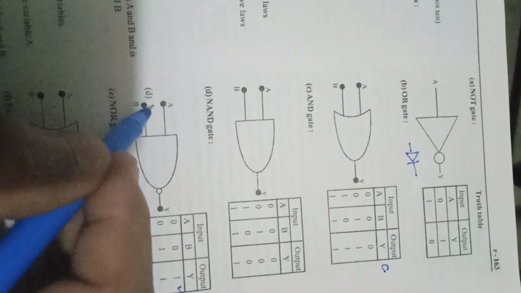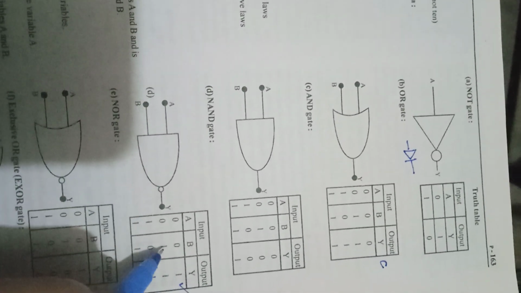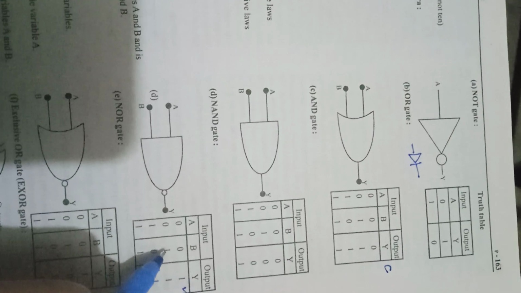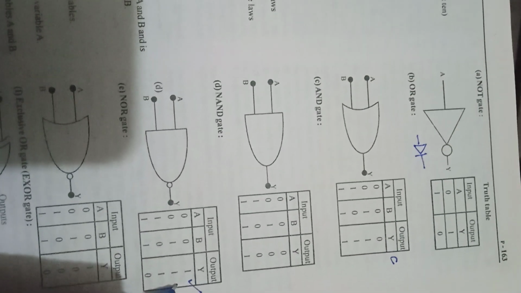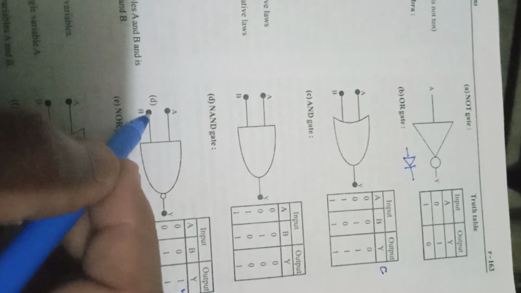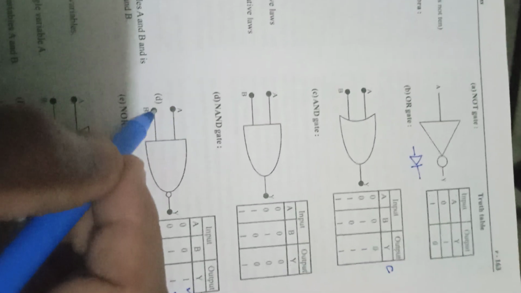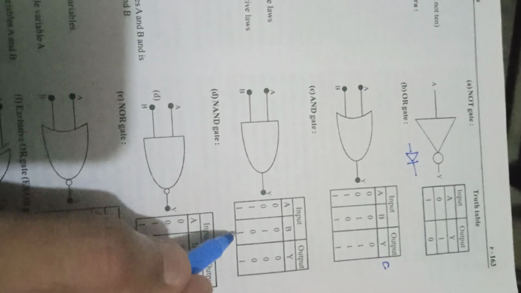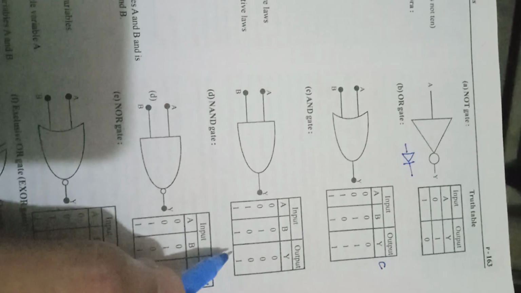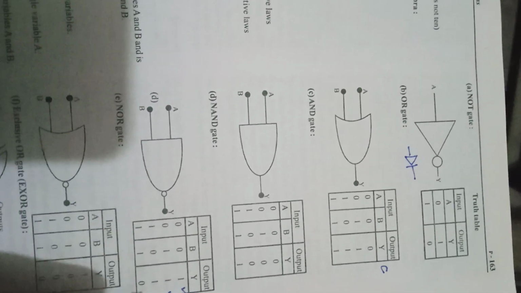Again, when you put 0 and 1, 0 into 1 is 0, and the complement of 0 is 1. Similarly for 1 and 1, 1 dot 1 is 1, and the complement of 1 is 0.